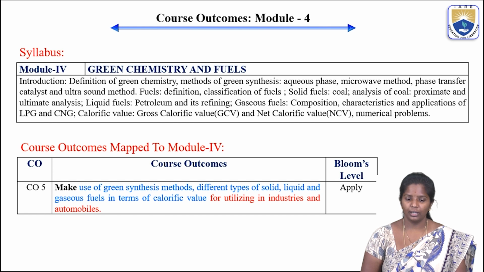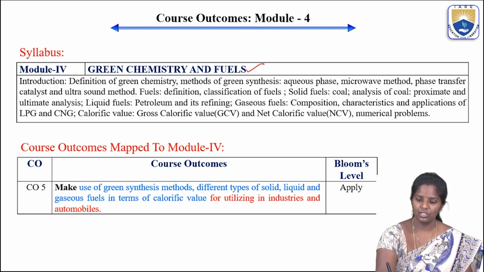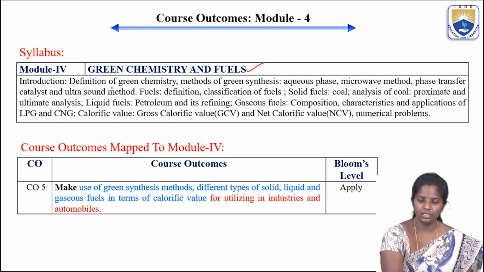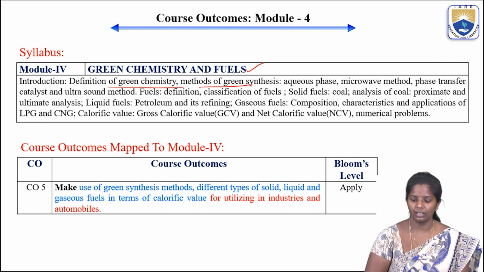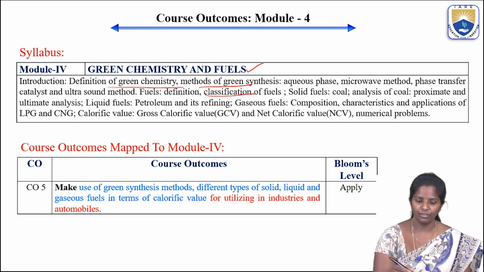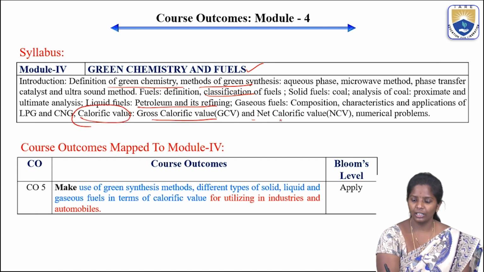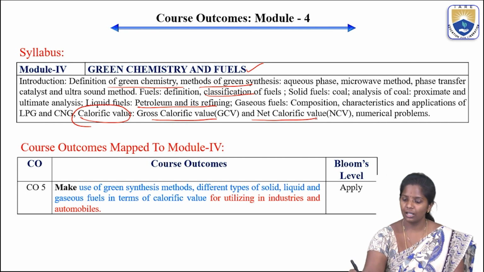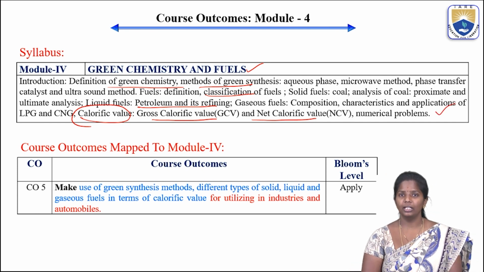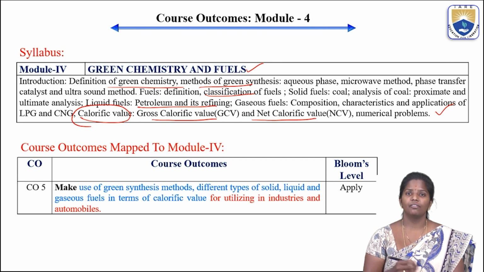Coming back to the syllabus, green chemistry and fuels has these definitions and methods: classification of fuels, then petroleum and its refining, and different calorific values like gross calorific and net calorific values and their problems. When do these problems come up? Because there is some issue going on.